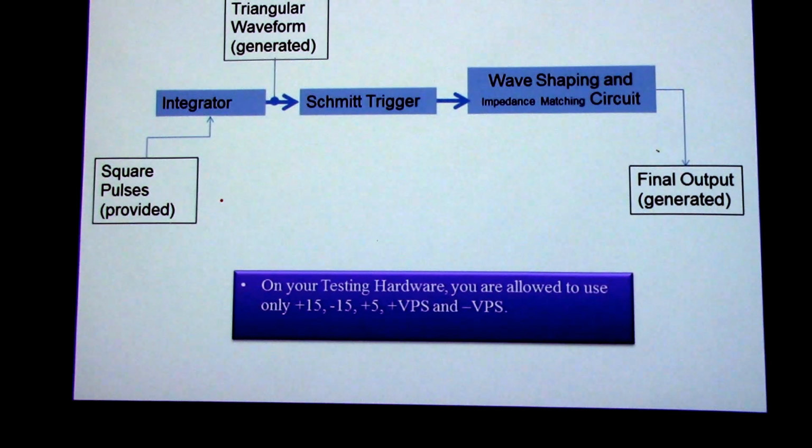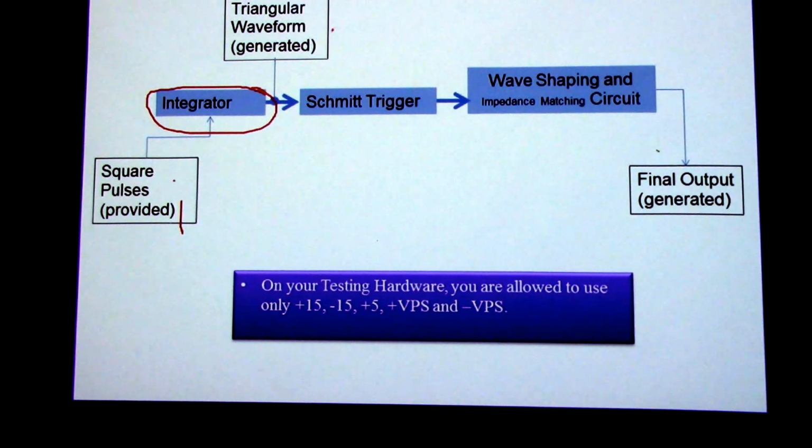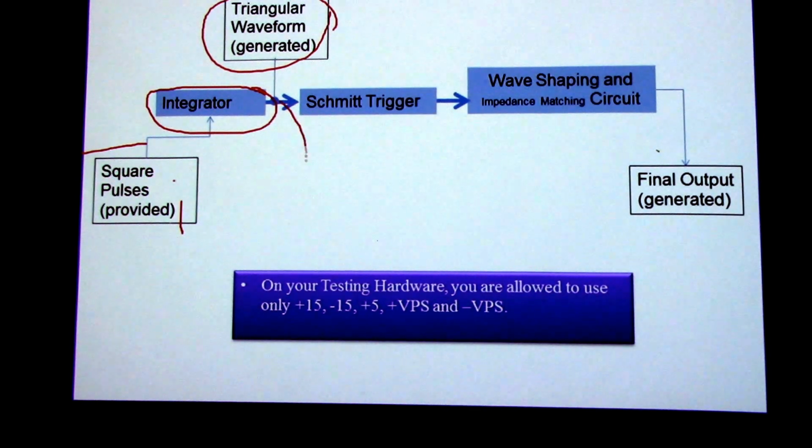So this is a general block diagram, like what is expected. So square pulses, this is provided from your board. Then you build the integrator, you get the triangle wave shape, check here. So at first what you should do is probe here with oscilloscope, probe here with oscilloscope.